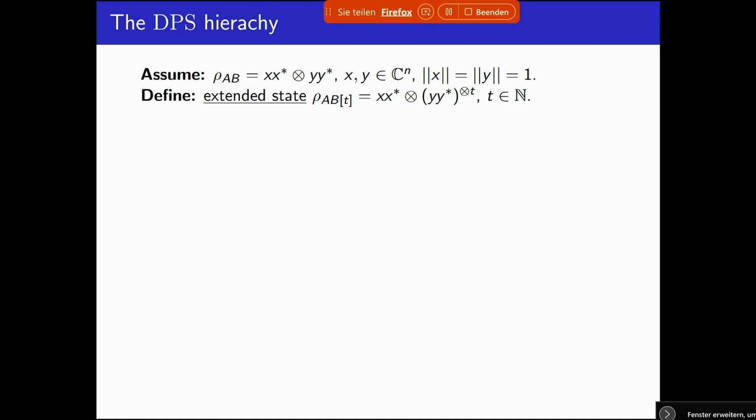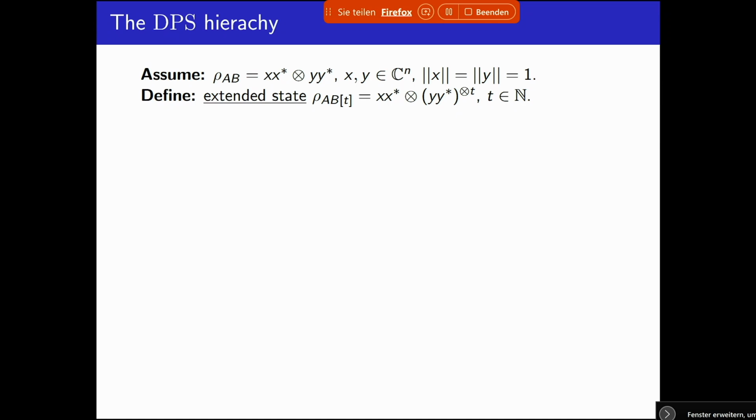Okay, so the DPS hierarchy works on the principle of state extension. So let's just assume we have a separable state, which is as simple as possible. It's just of the form xx star tensor yy star. Okay, so we have our bipartite state. And then we just extend whatever happens in the second register t times.